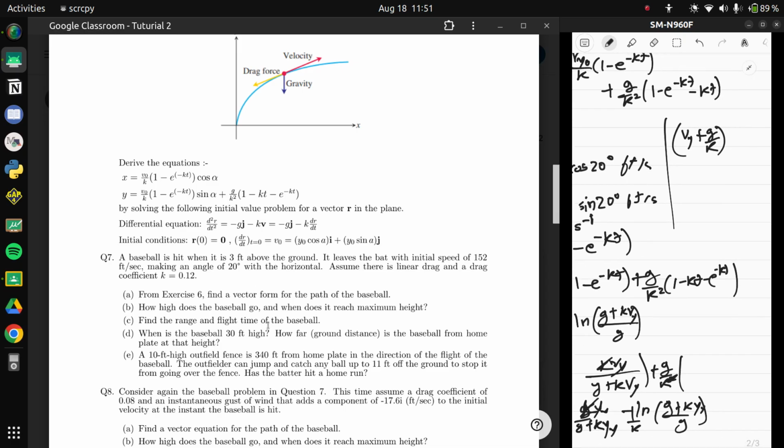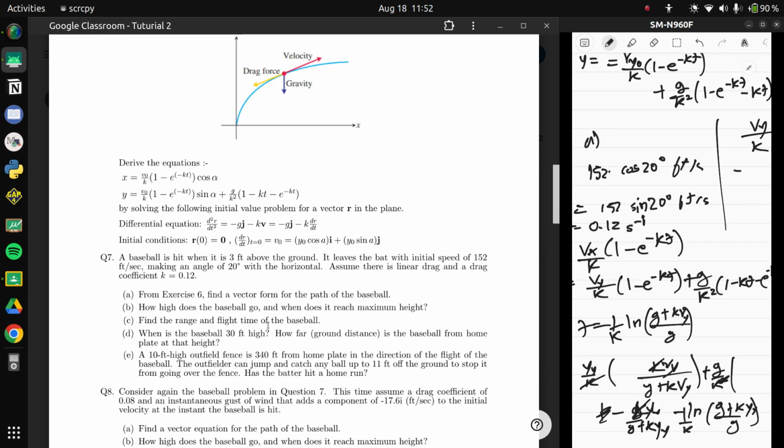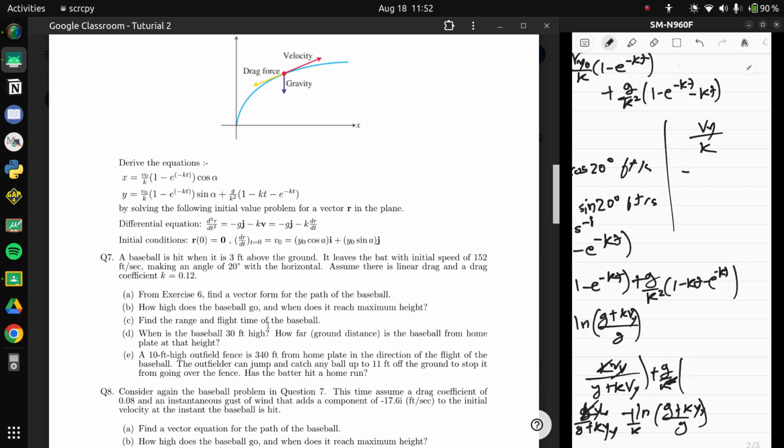Yeah, for this stuff, it's just Vy upon g plus k Vy. Oh, that's pretty nice because this cancels. You just got Vy upon k, and then you just got minus. I hope that was correct. Wait, it wasn't. It's not a plus, it's a minus. Okay, cool. So this is supposed to be Vy, sorry, I don't know what I wrote.